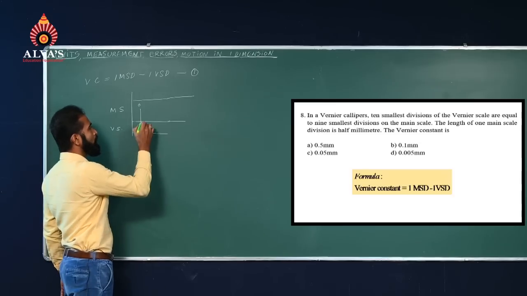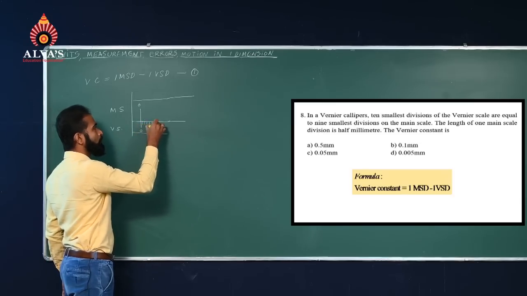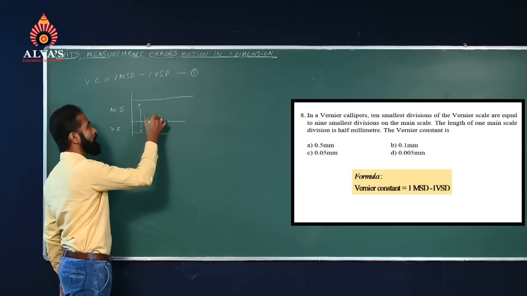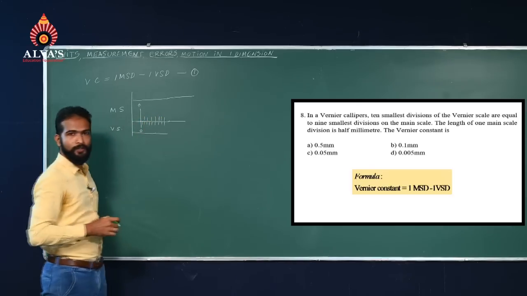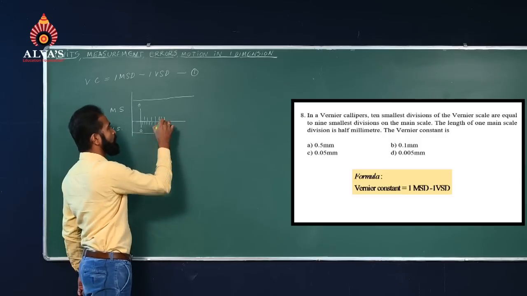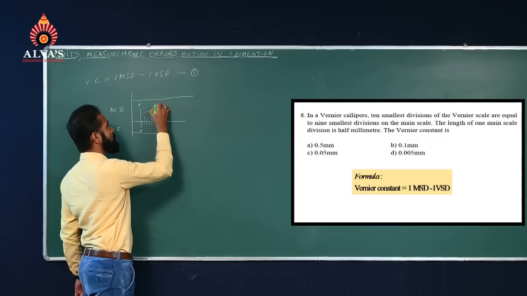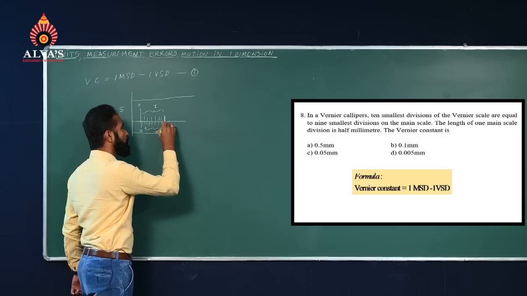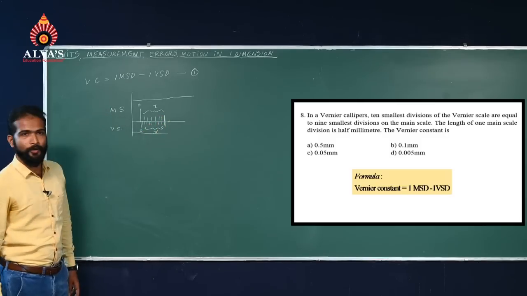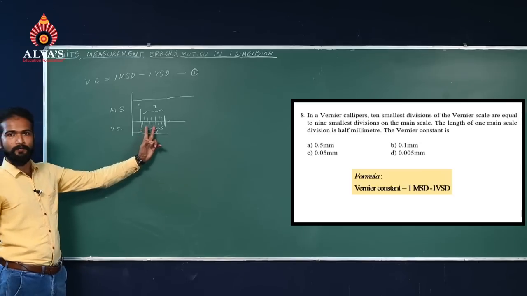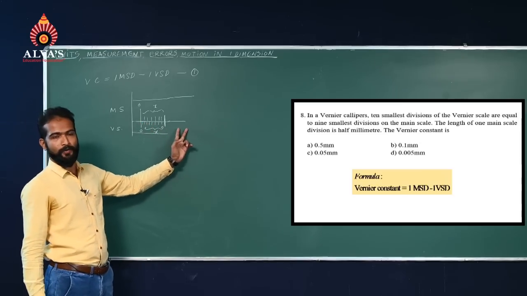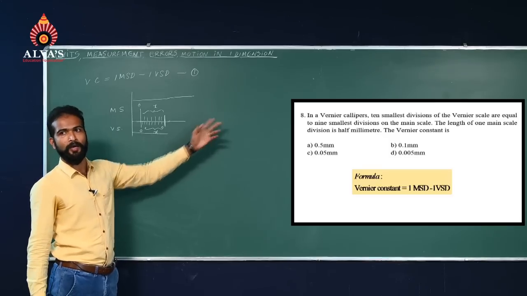Now look at the given information. Total 10 divisions in the vernier scale are going to coincide with the 9 divisions of the main scale. So this distance is x, this distance is also x, and up to this line they are going to coincide. But the question never says that vernier has only 10 divisions or 20 divisions; vernier may have 50 divisions, vernier may have 100 divisions.